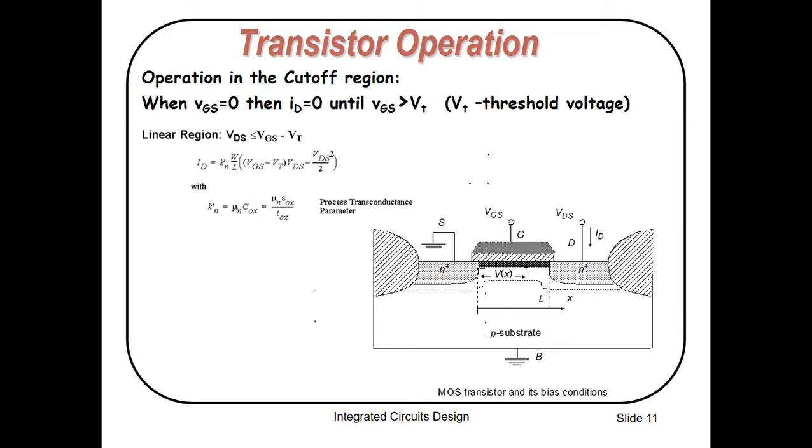Regions of operation of MOSFET. We know that MOSFETs have three regions of operation: cutoff region, linear or triode region, and the saturation region. Here we will discuss these three regions and the equations of ID.